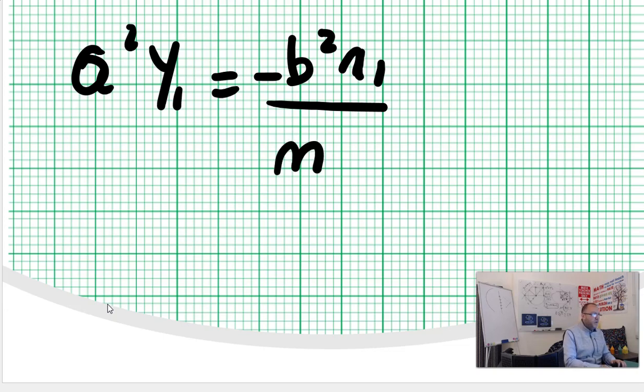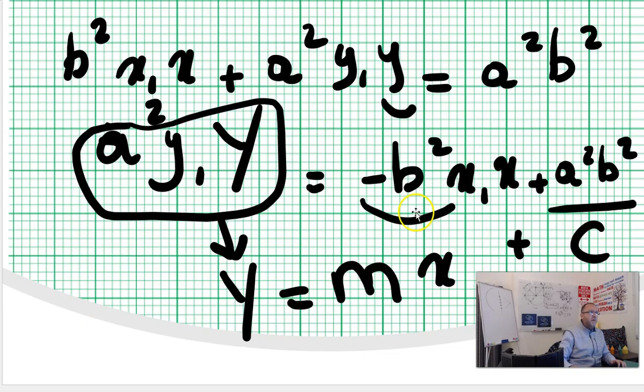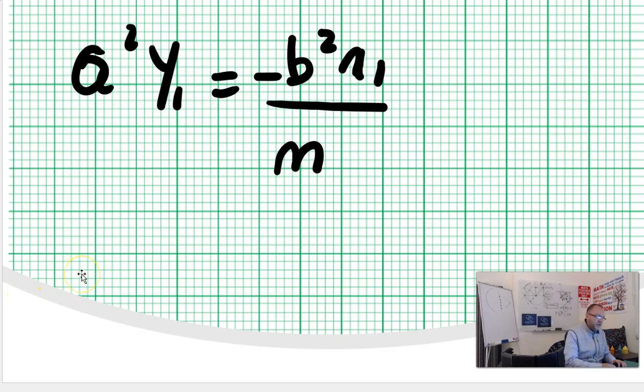Now we take the second, these two. We're going to take minus b squared x1 x divided by mx equal to a squared b squared divided by c. Exactly. That's all we're going to do, the number 2 and number 3.